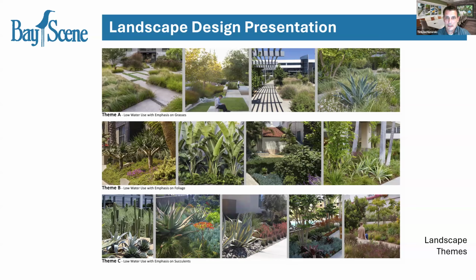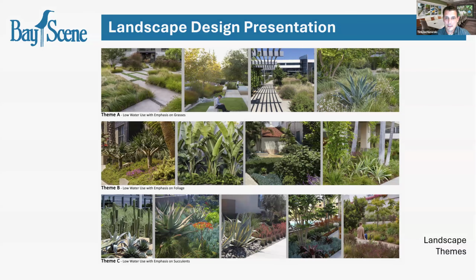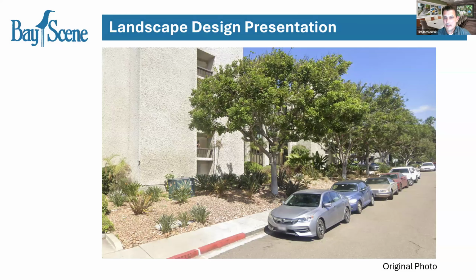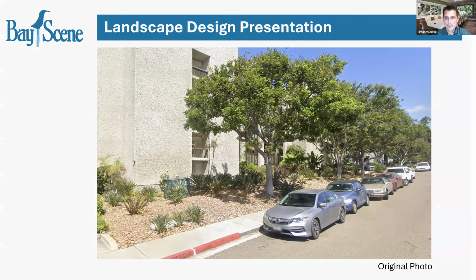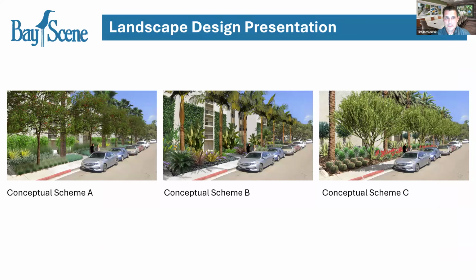And then when we started to get into the more detailed design development phase, we took an existing photo of the front of the building. We said, okay, how can we apply these themes to the real site using real plants? So we came up with a few alternatives of what these might look like: Scheme A, Scheme B, Scheme C. And we met with the board and talked about what we liked, what we didn't like, what things would work well.